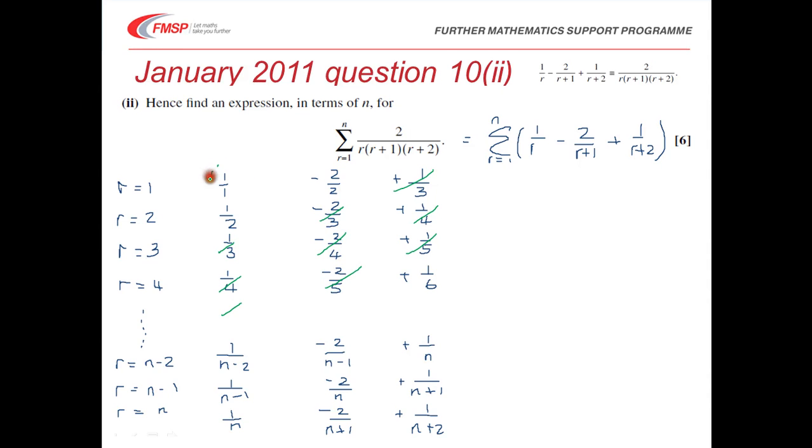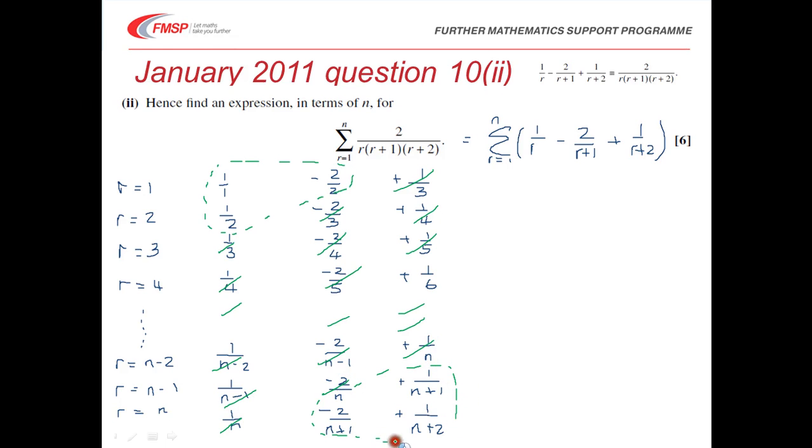Nothing seems to be happening with these terms, so these are going to be important in our sum. As we go through it, the same sort of thing, this will have cancelled out, as will these, and the 1 over n and the 1 over n cancel out with the minus 2 over n, and again we seem to have 3 terms here.